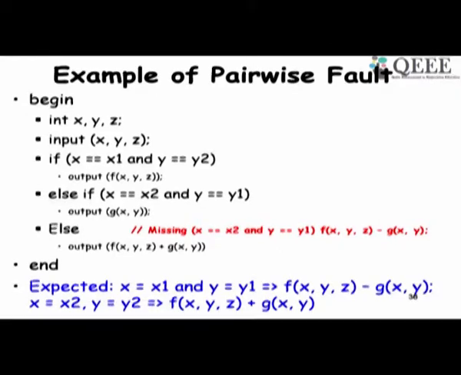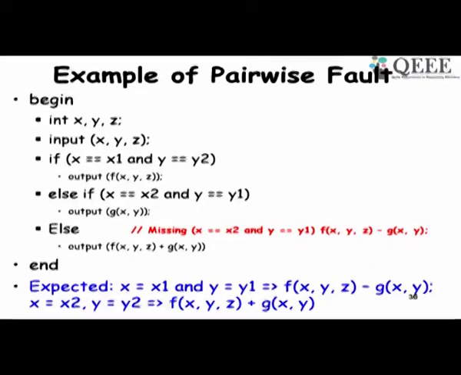And if x is equal to x2 and y equal to y1, then it should be f x, y, z minus g x, y. So this line the programmer missed, and therefore this combination would match the default combination, which is f x, y, z plus g x, y.